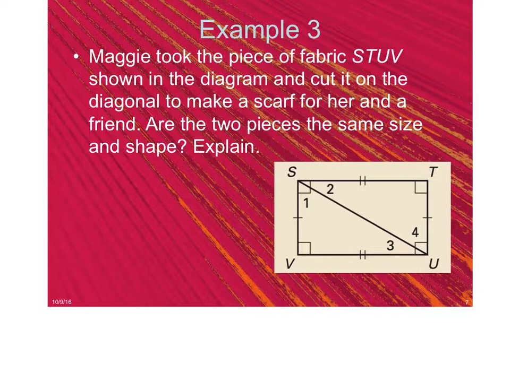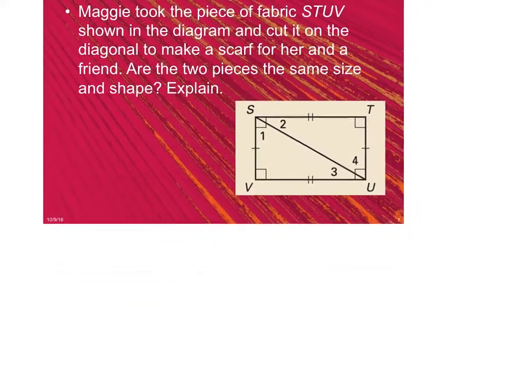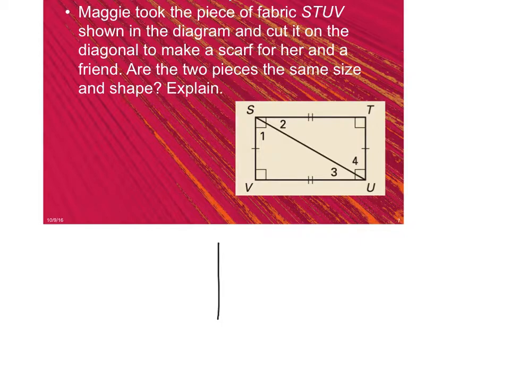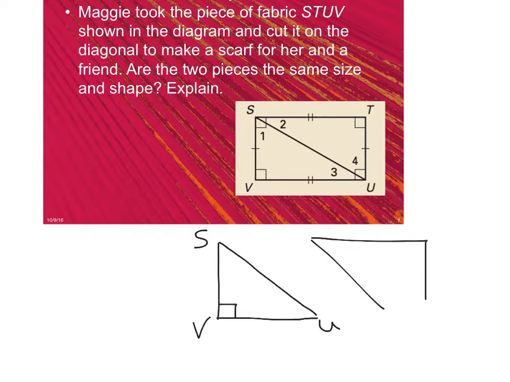And right now the only way we can do this is to show that every side is congruent to another side in the other triangle and every angle. Pretty much we almost have all of our sides labeled, but I'm going to go ahead and pull this apart so you can sort of see this. So here's SUV, and over here, I'll draw this one, STU.